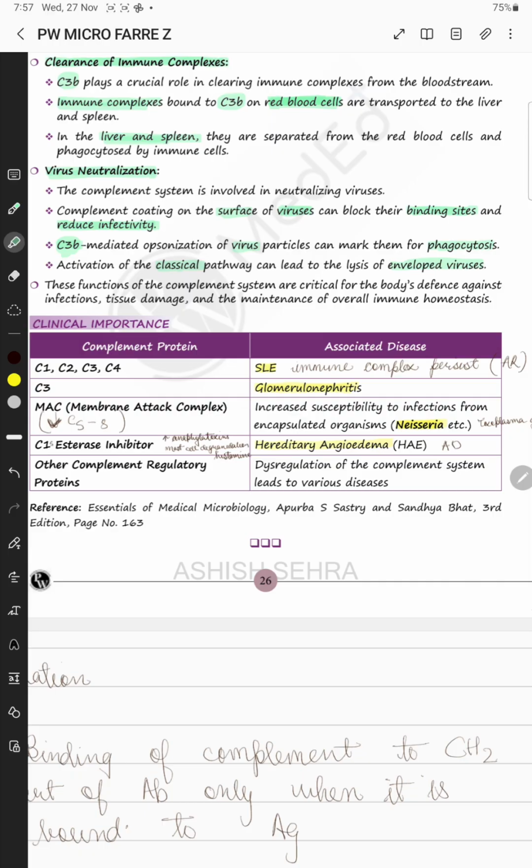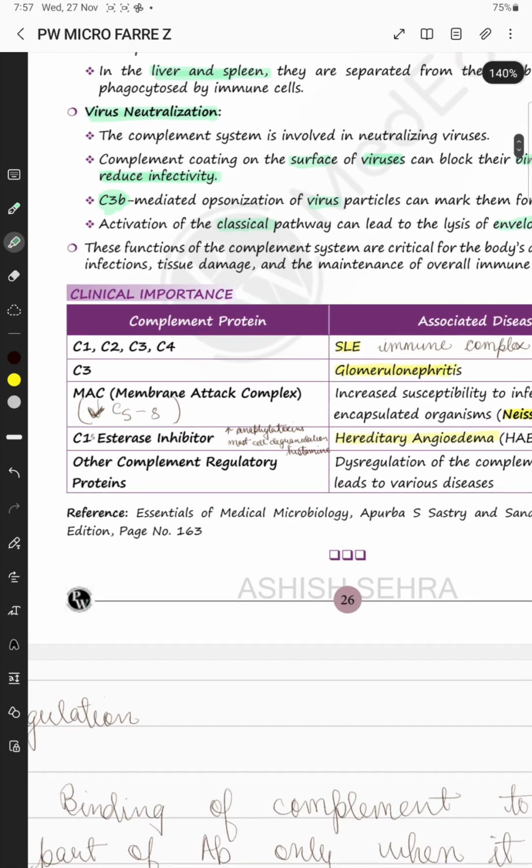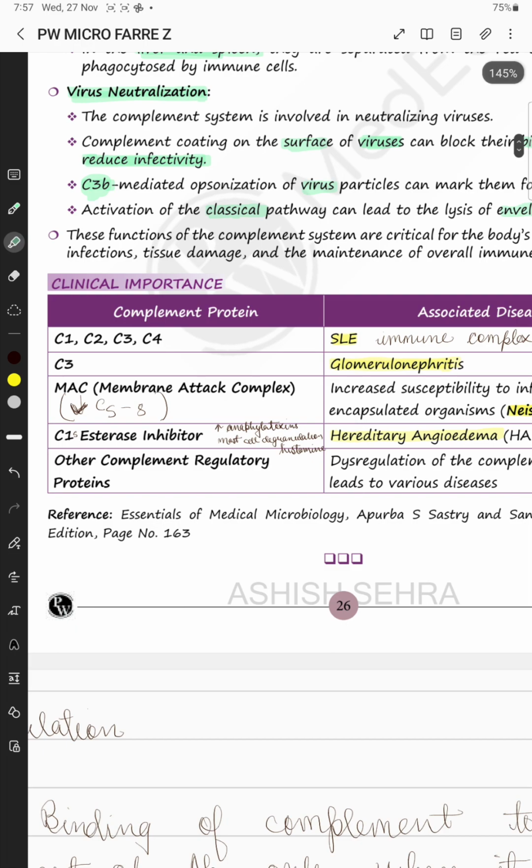These functions of the complement system are critical for body's defense against infection, tissue damage, and maintenance of the overall immune homeostasis. Okay. Let's see the clinical importance.